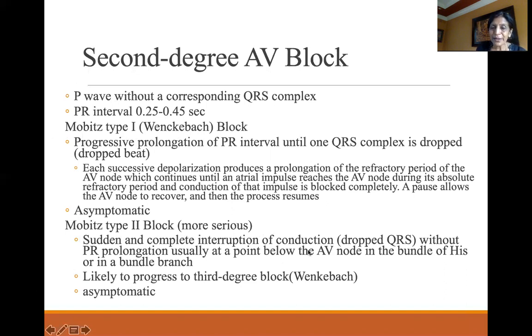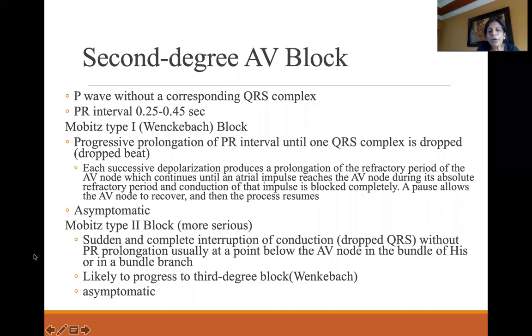So what happens here is there is a complete and sudden interruption of conduction, and that's where you have dropped QRS. That means there is a P wave, but there is no corresponding QRS wave. Without PR prolongation, usually at a point below the AV node, in the bundle of His or in a bundle branch.